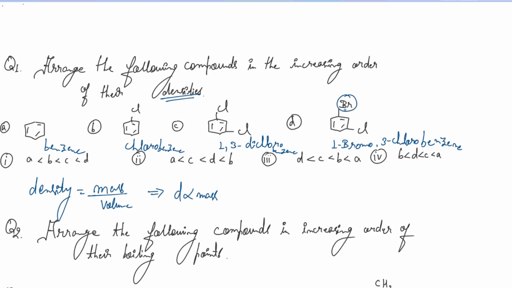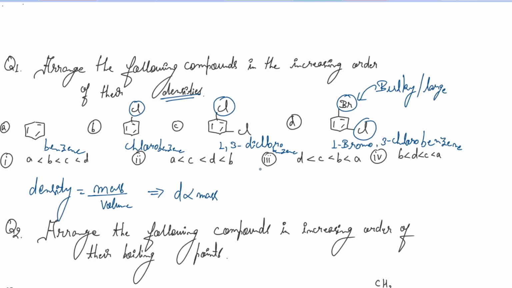The bromine and chlorine: in option D, these are the two different groups. Chlorine is common, one chlorine here, here and here. But in option D, we have the bromine as well, and this bromine is a bulky group, a large group.